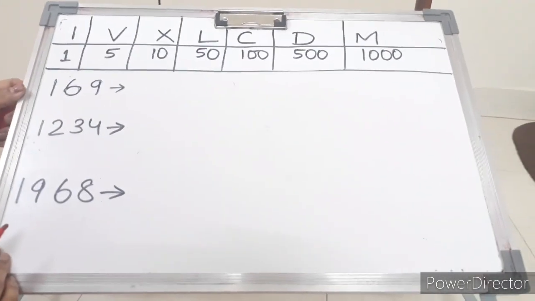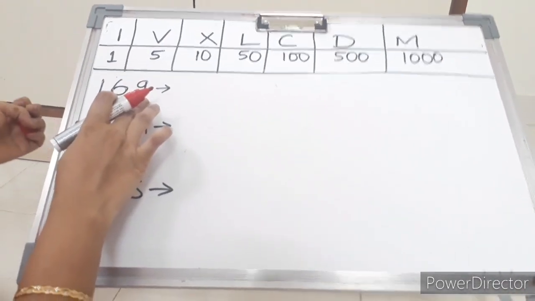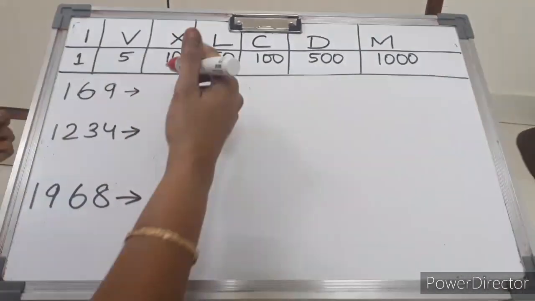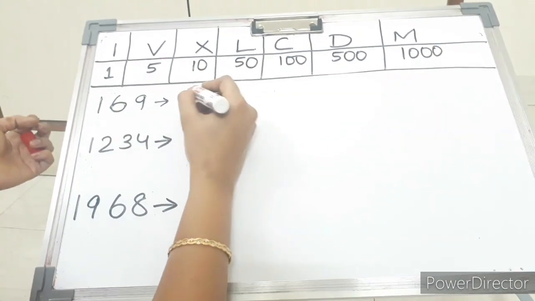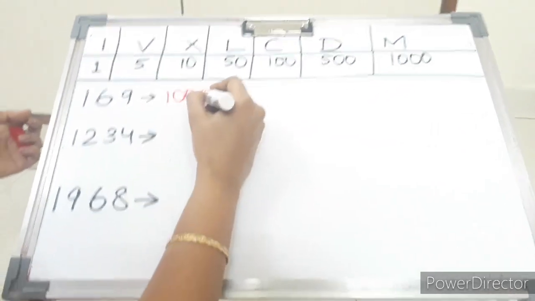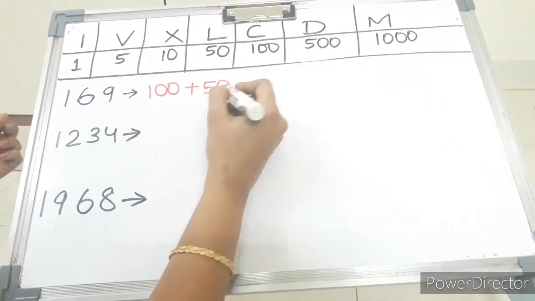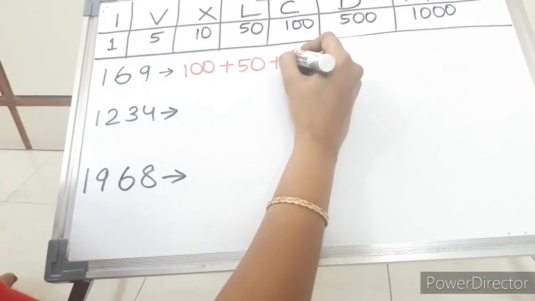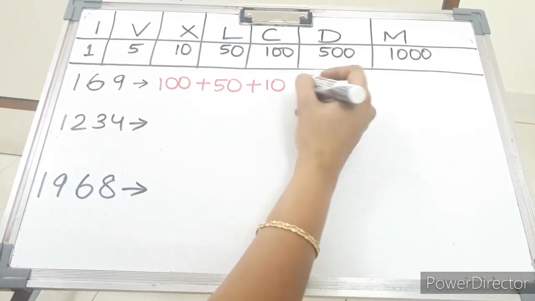So the next question is number 169. Again I will explain according to the rules so that you will understand better. 169: how can we simplify this? 100 plus 50, that is 150. Again if we add 10, it is 160.